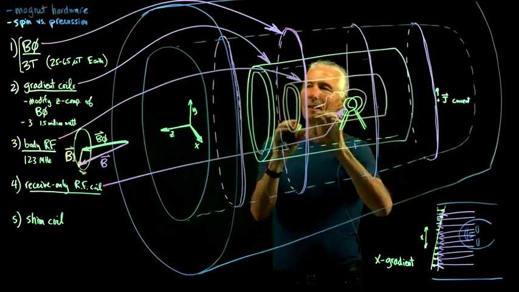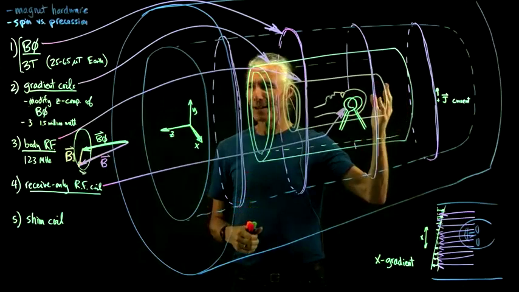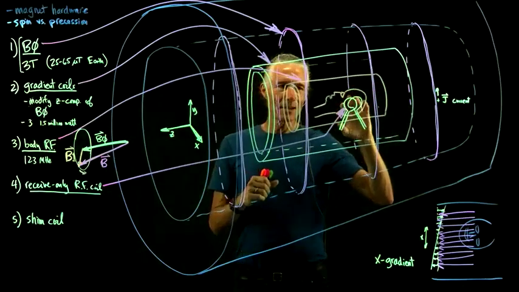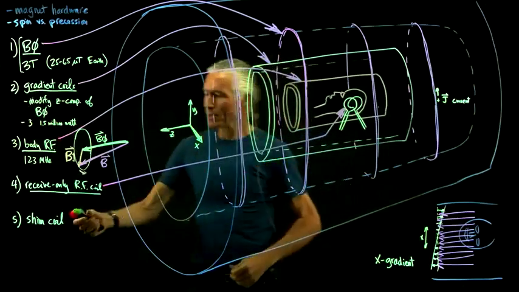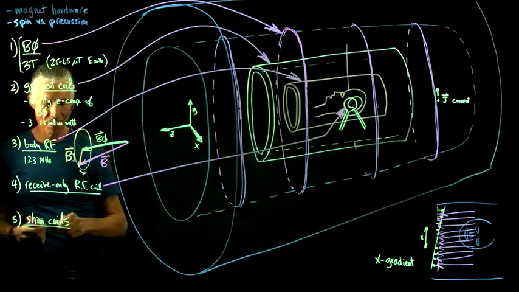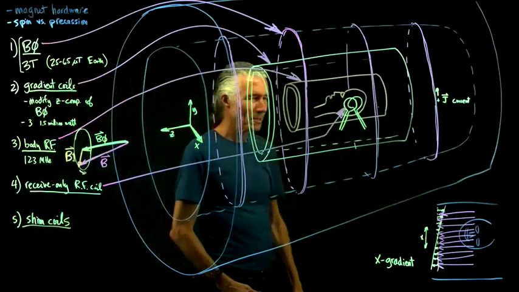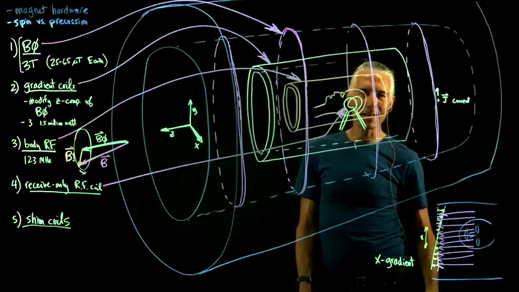But if you put a person in there, they've got a body on one side and no body on the other side, and that's going to cause the magnetic field to get a little bit non-uniform. So there's a whole bunch of shim coils designed to cancel out the disturbance in the magnetic field caused by putting something into it.